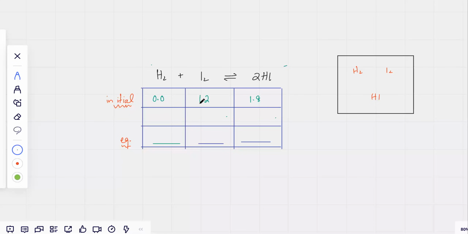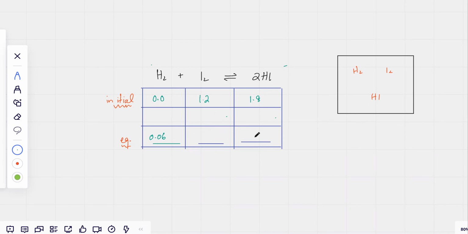Okay, so I initially added these moles, right? And at equilibrium, I found out that I had 0.06 moles of H2. So that means there's an extra 0.06 moles that got produced.